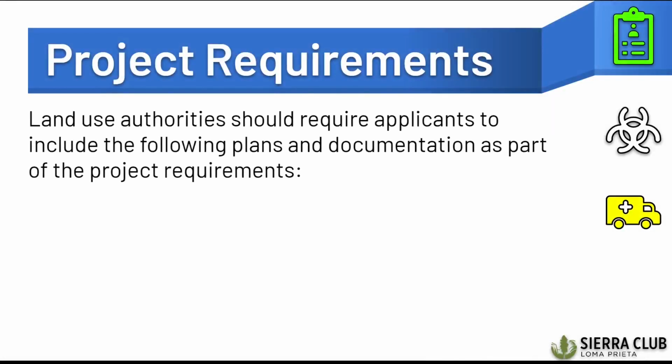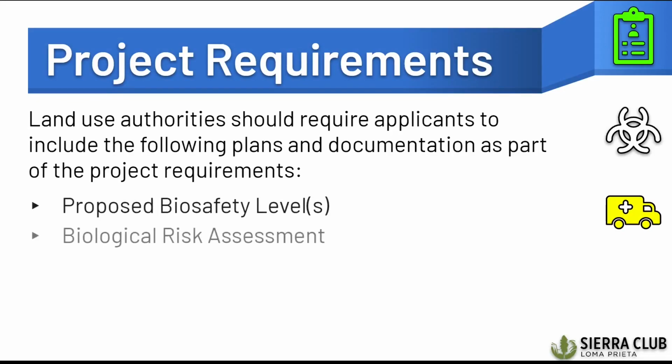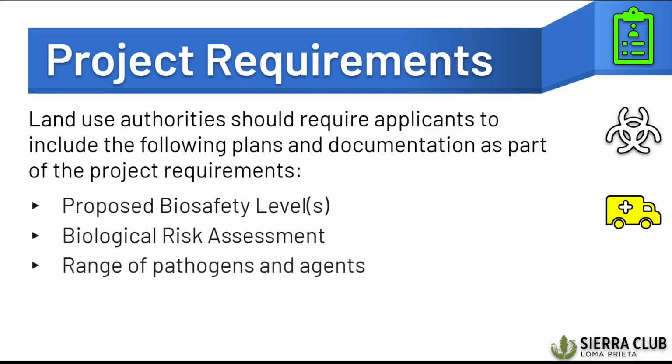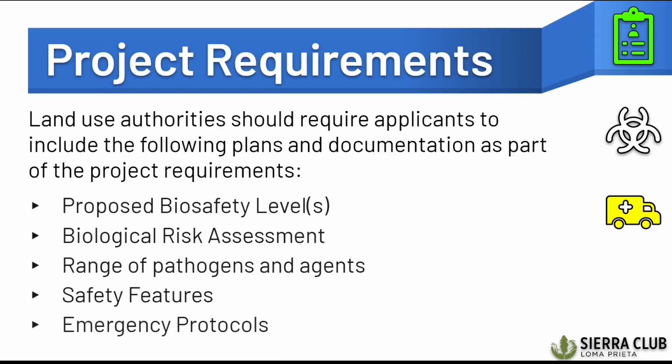Land use authorities should require applicants to include the following plans and documentation as part of the project requirements: proposed biosafety levels, a biological risk assessment, the range of pathogens and agents used at the site, the necessary safety features, and the emergency protocols for both the labs and the surrounding environment and neighborhoods.